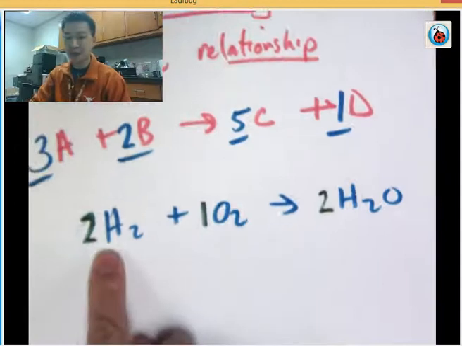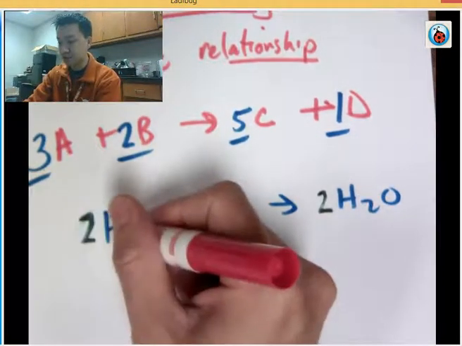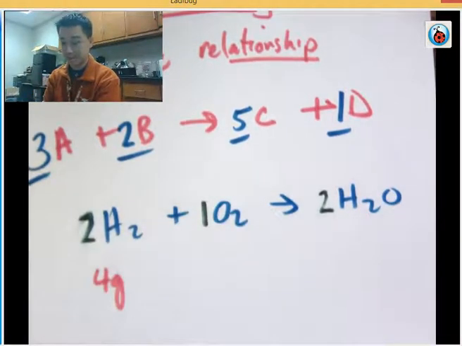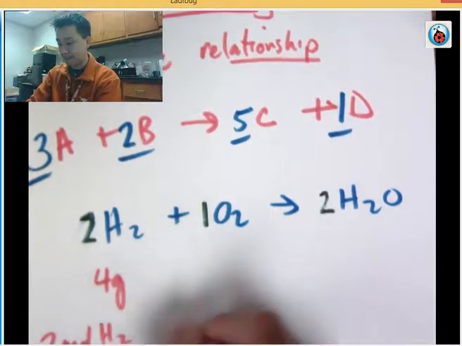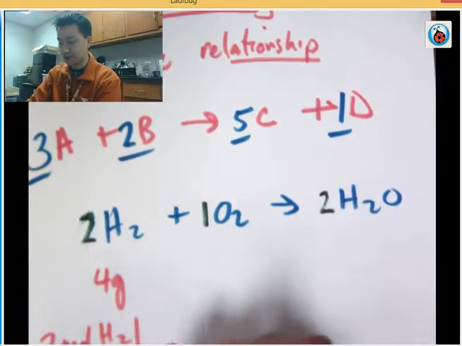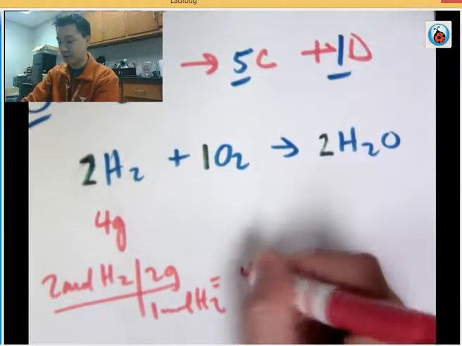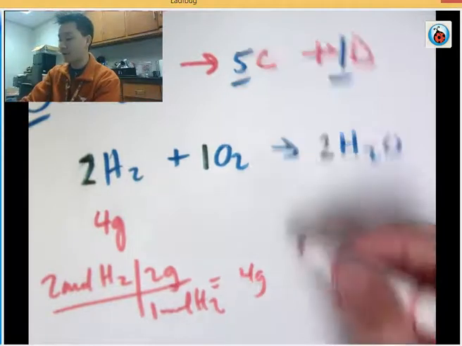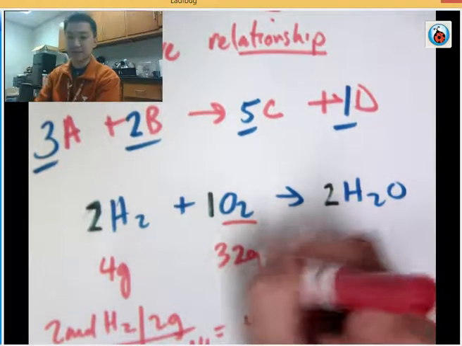What's the mass of 2 moles of hydrogen? The mass of H2 is 2, so 2 times 2, the total mass here is 4 grams. Okay? 2 moles of H2. 1 mole of H2 is 2 grams. That's how I got 4 grams for that one. Okay? 1 mole of O2, the mass of O2 is 32 grams, because 16 plus 16.